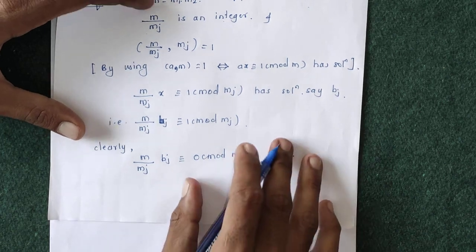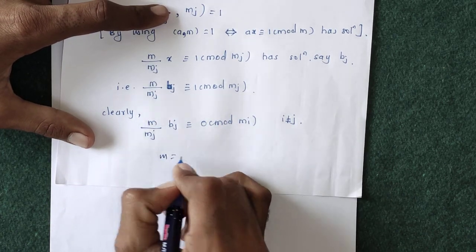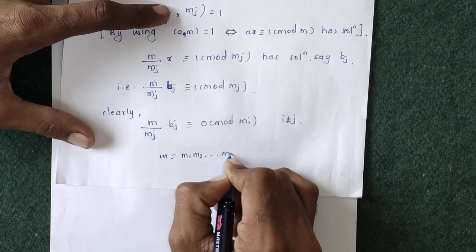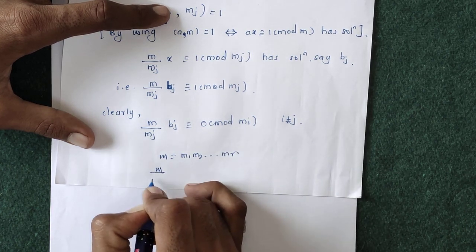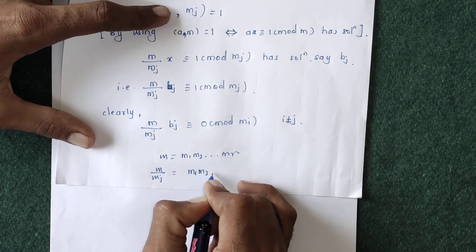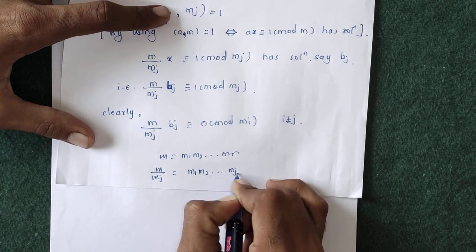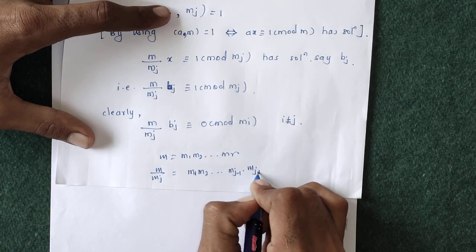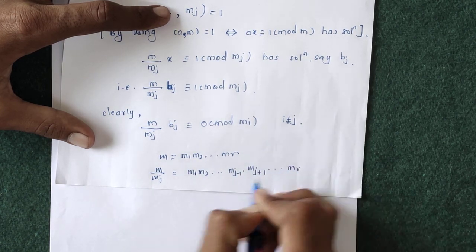I will do some rough work here. Suppose we have m equal to m1 into m2 up to mr. So m by mj becomes the multiplication of m1 into m2 up to m(j-1) into m(j+1) up to mr, as mj gets cancelled.